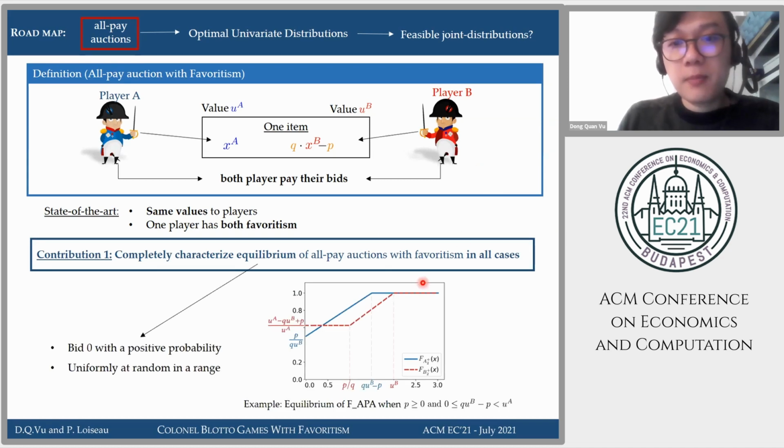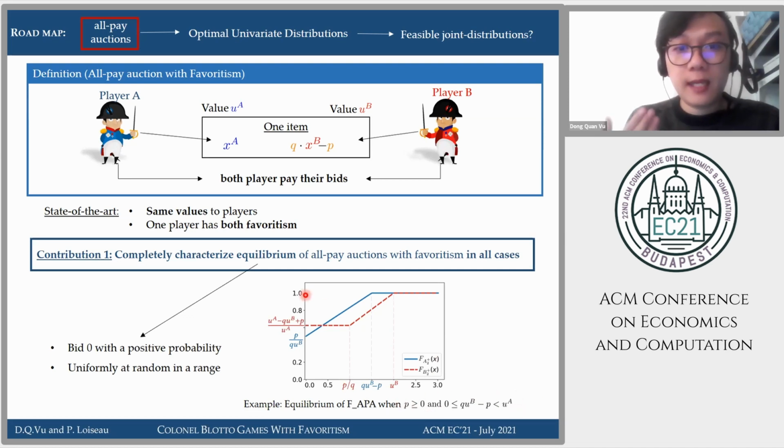It depends on the parameter configuration of the game that we have different equilibria, but they have a form similar to this. That is, each player will bid 0 with a positive probability, and then bid uniformly at random in a range. This is the plot of the CDF of the equilibrium of the players in the case that this constraint holds.